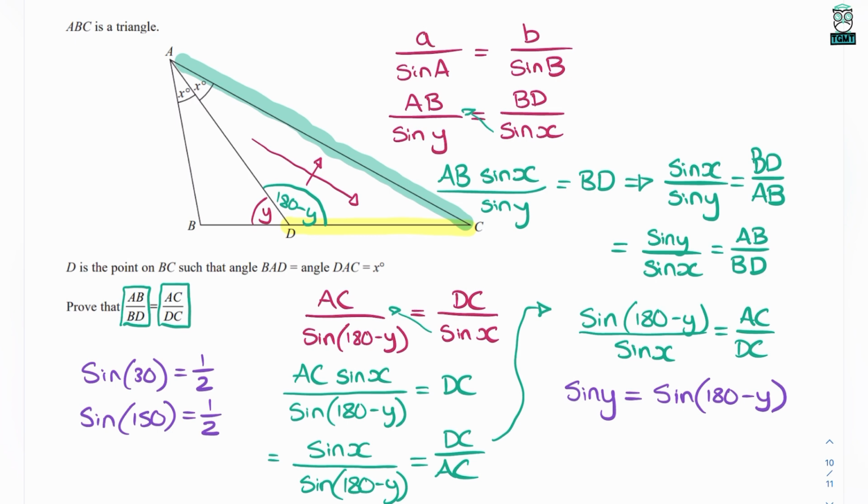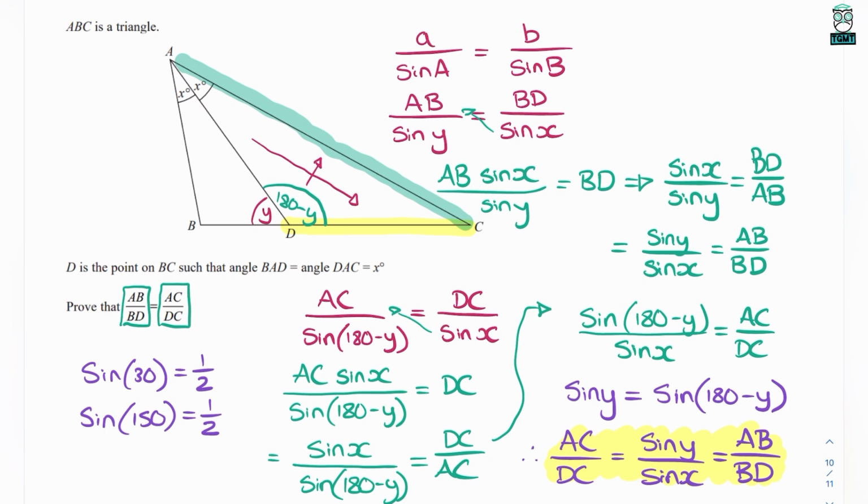So therefore, AC over DC is equal to sine y over sine x, which is equal to AB over BD. And there we go. And that'd be a fine proof at the end of that question, showing that they're all equal to one another and got all the same parts for everything.